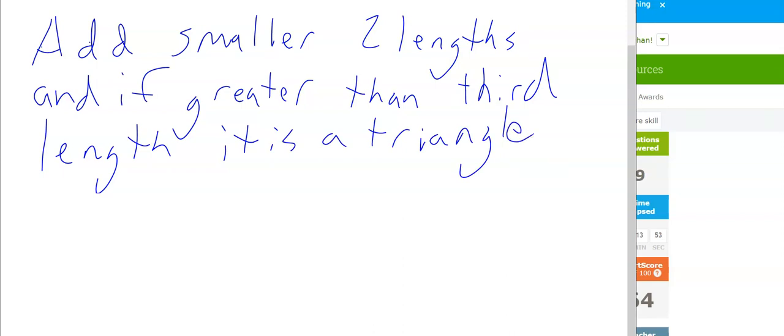So remember, for the majority of these, you're just going to add the two smaller lengths. If they're larger than the third length, then it is a triangle.